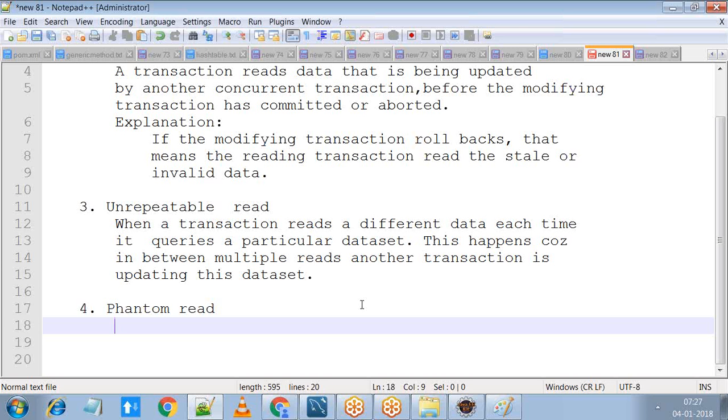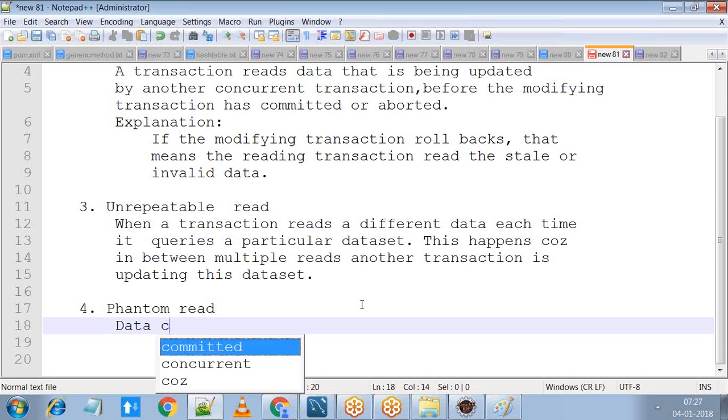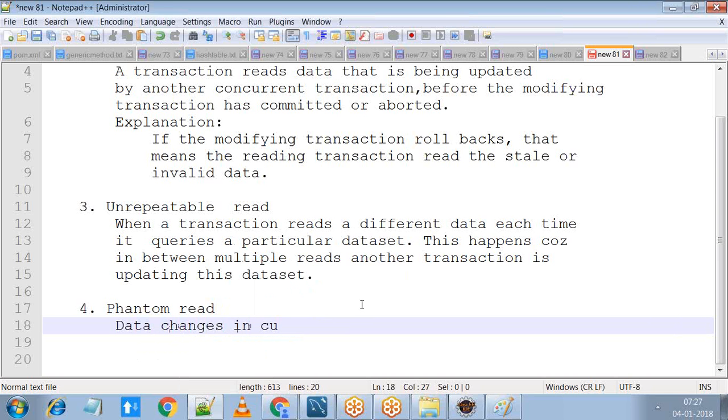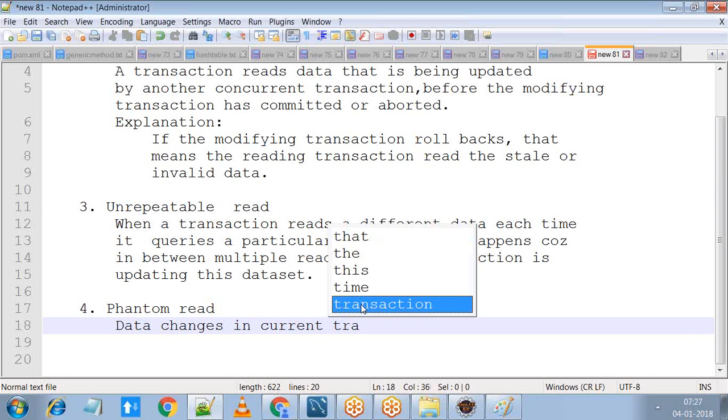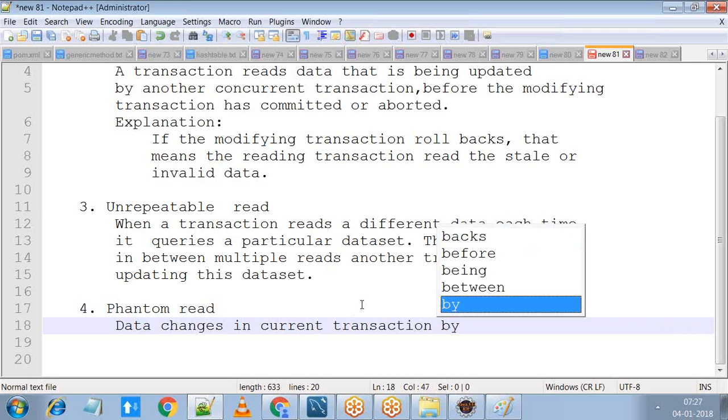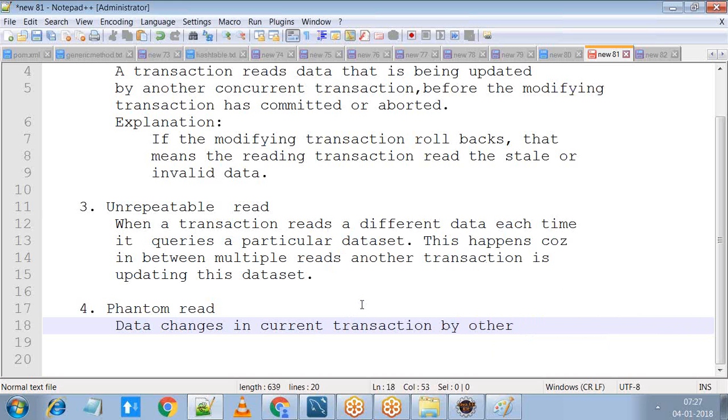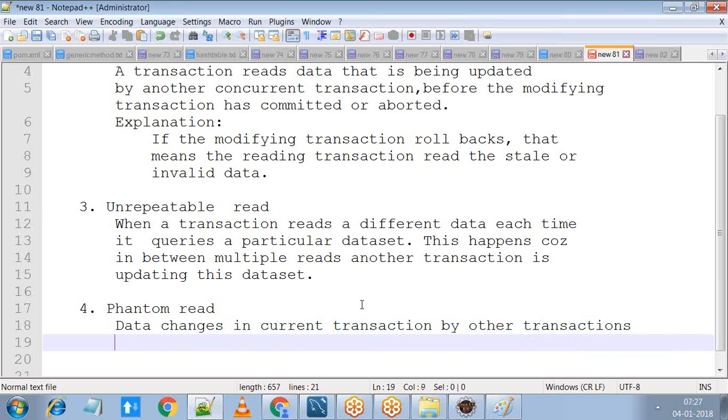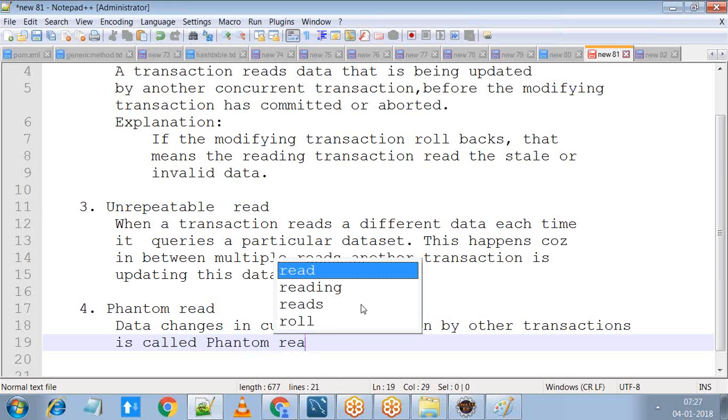You'll find that data changes in a current transaction by other transactions is called phantom read.